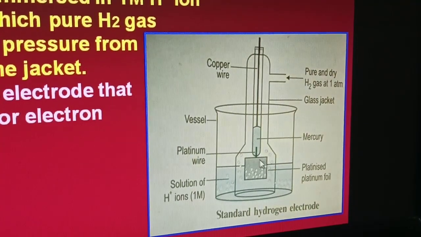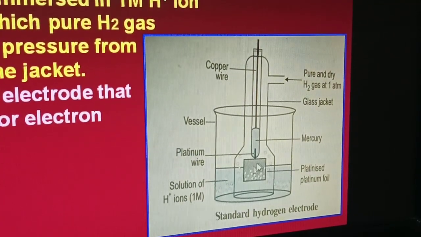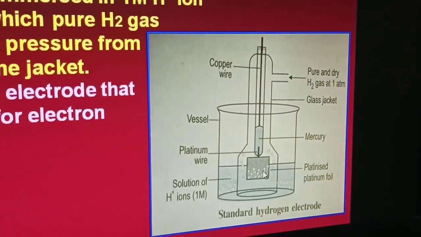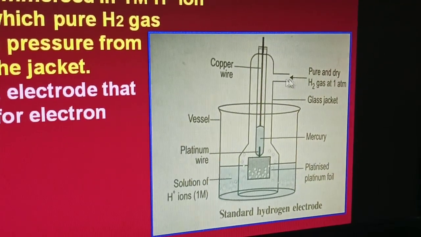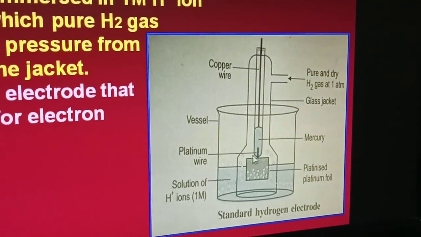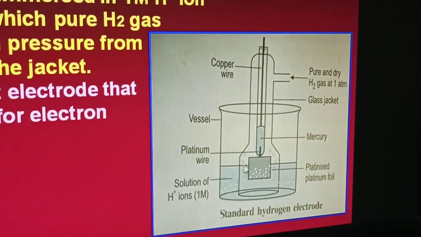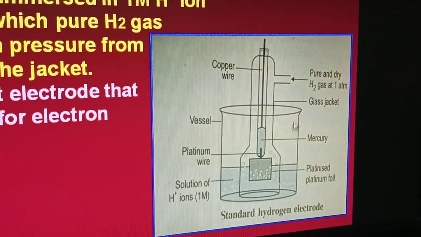Now this platinum is an inert electrode that serves as a site for electron transfer. It will provide electrical contact for H2 gas when it is bubbled into this particular electrolyte, that is HCl solution.